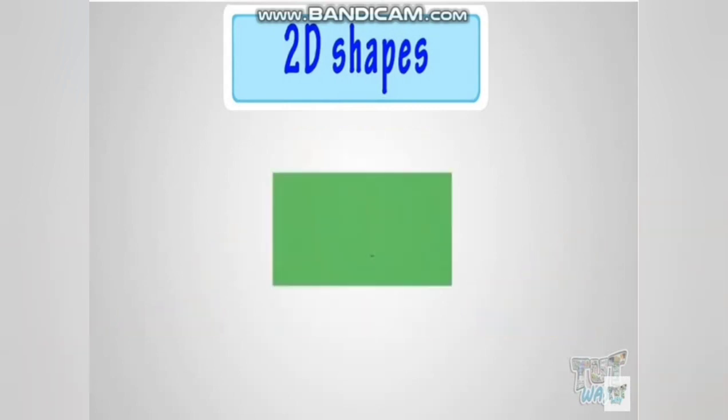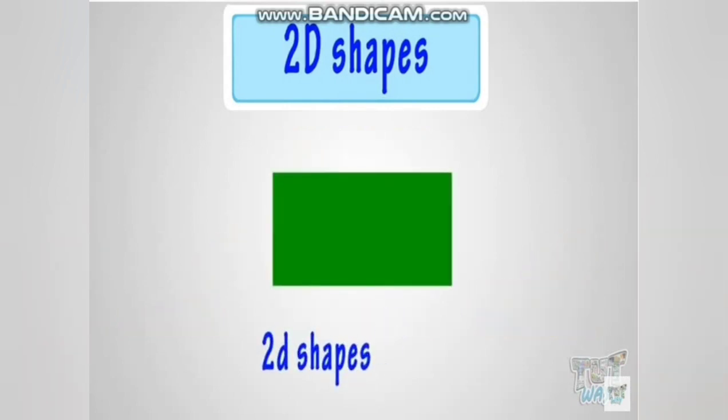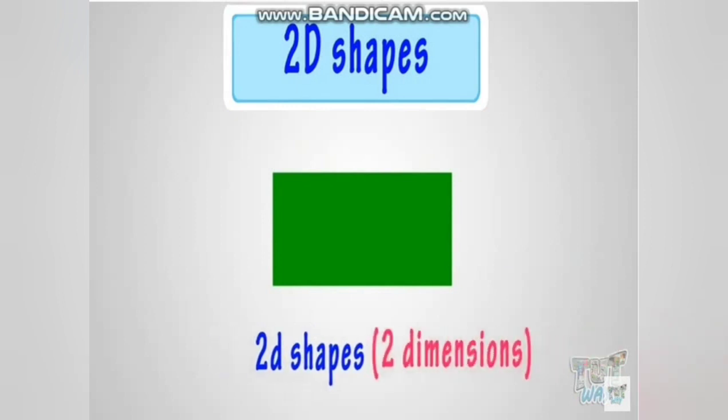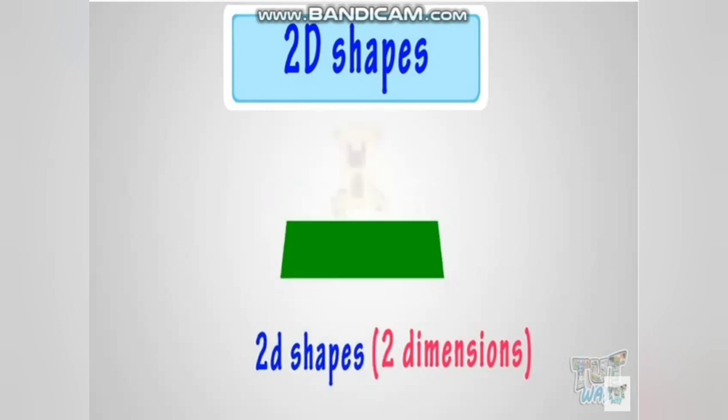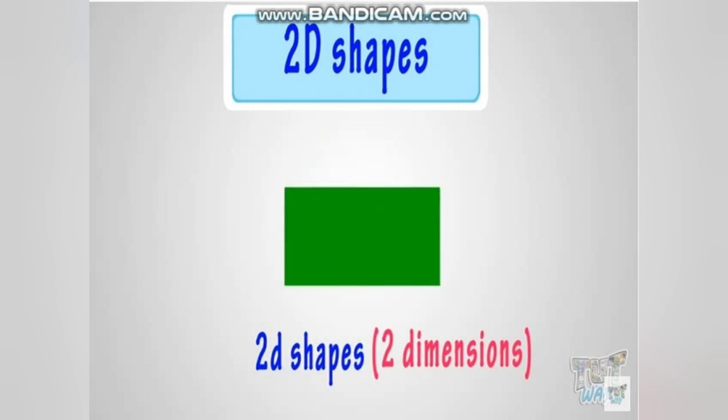They are so called because they have only 2 dimensions, that is, breadth and length. So, what have we learned? We have learned that 2D shapes are those shapes where we cannot put anything in them, and they have only 2 dimensions, length and breadth.